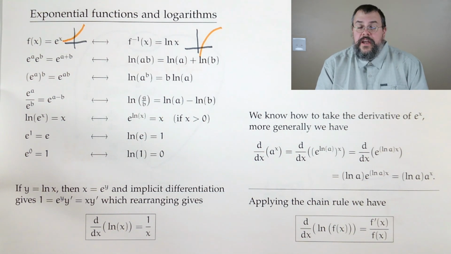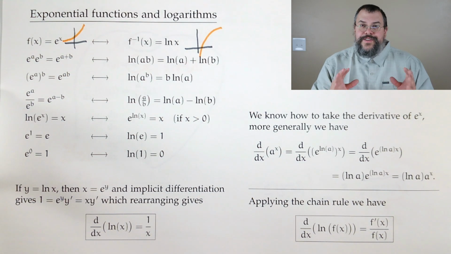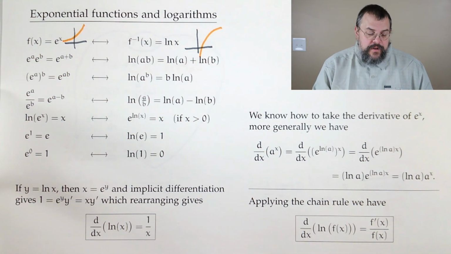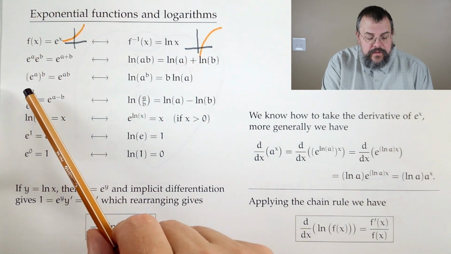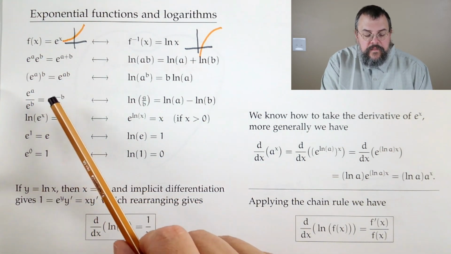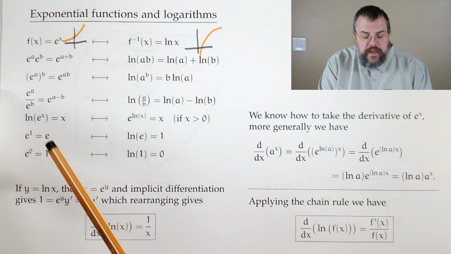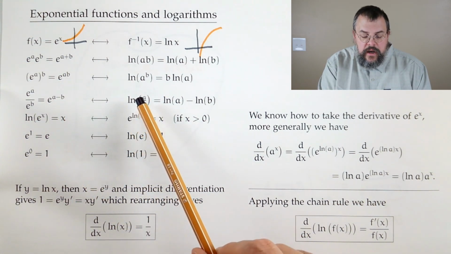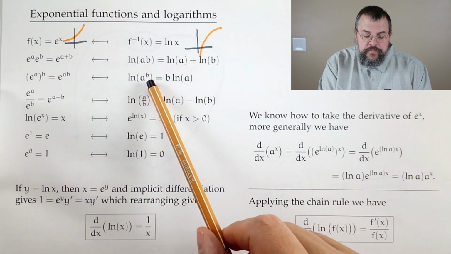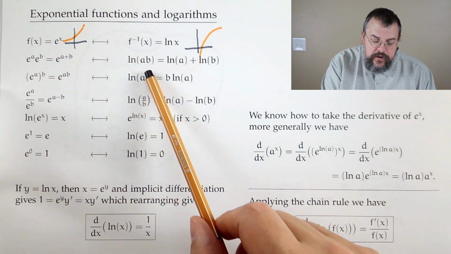And of course, taking logs does many other wonderful things. Let's just talk about some more. We don't want to get too hung up because there's lots of beautiful properties. So for example, if I have e to the power a, that raised to the power b, that's e to the power a times b. Well, that translates into logarithms as log of a to the b power. The b comes out in front.